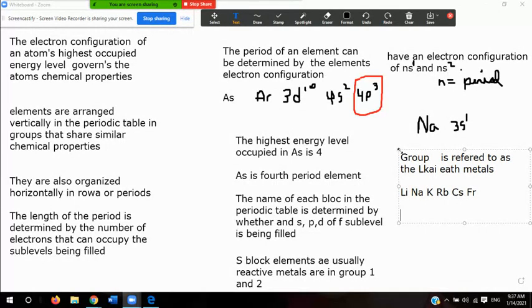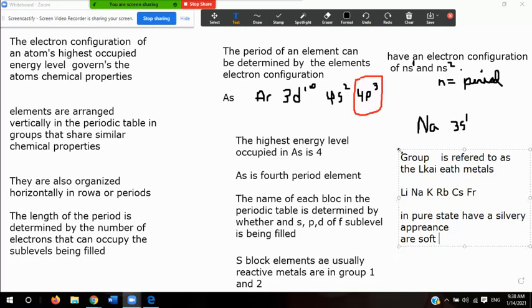Some of the characteristics of them are that in their pure state, they have a silvery appearance, are soft and very reactive, and are soft enough to even be cut with a knife.